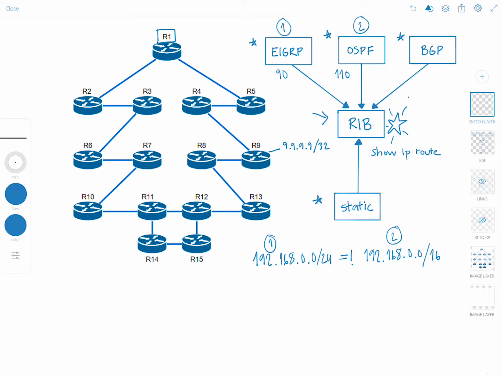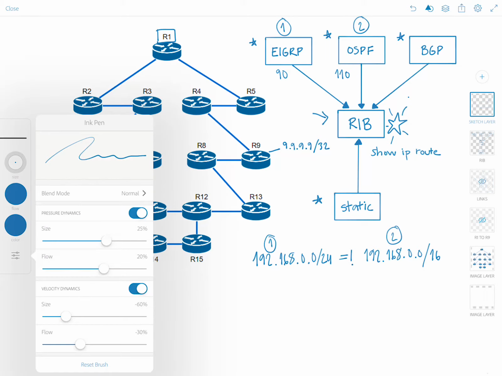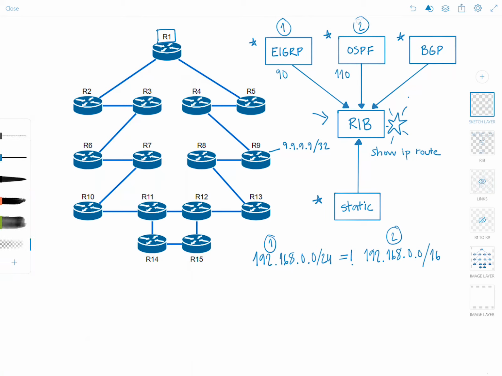Since a lower administrative distance value is preferred, let's say now that this route was learned through both EIGRP and OSPF. Because of the lower administrative distance, the EIGRP route would win and that would be installed into the routing table. And OSPF would be just left in the database, and it would not be used to forward packets.